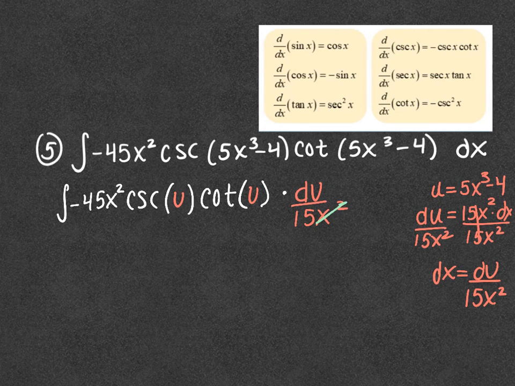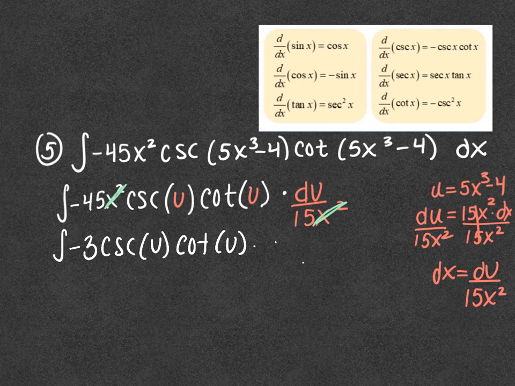So what's pretty cool is the x squareds cancel. We can divide 45 and 15. That'll give me negative 3. So let's write that as the integral of negative 3 cosecant of u cotangent of u times du. Now, since I want negative cosecant cotangent, I'm actually going to take this 3, only the 3, and move it to the outside.